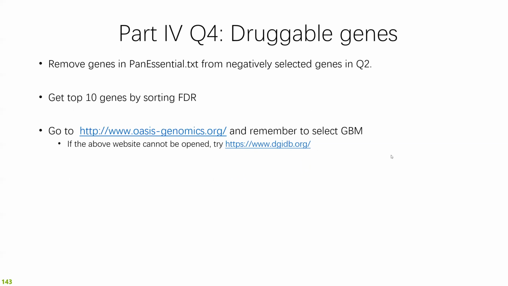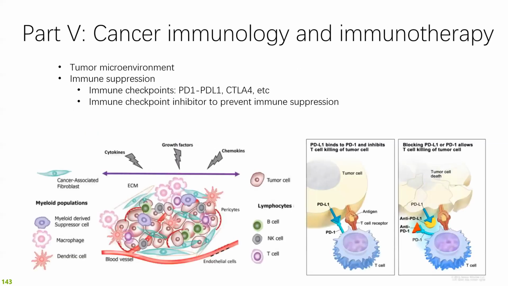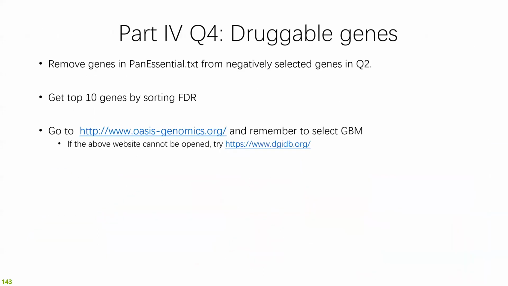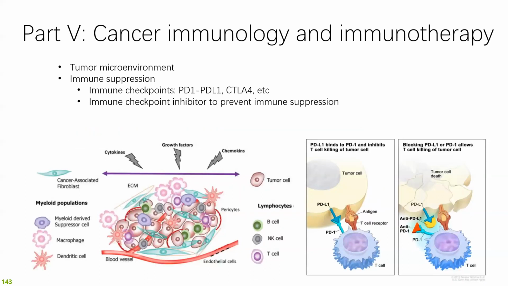I think in this case you cannot select glioblastoma, but in any way, just input the gene and see if it will show any druggable information. I think question 4 is the end of part 4.